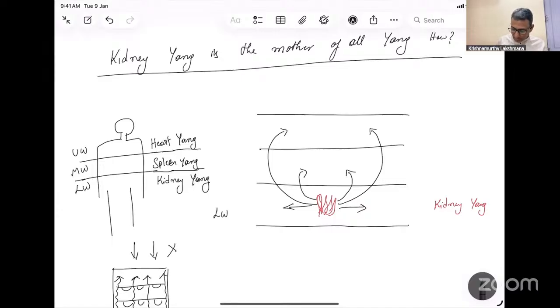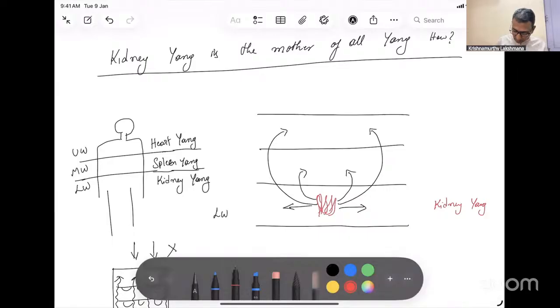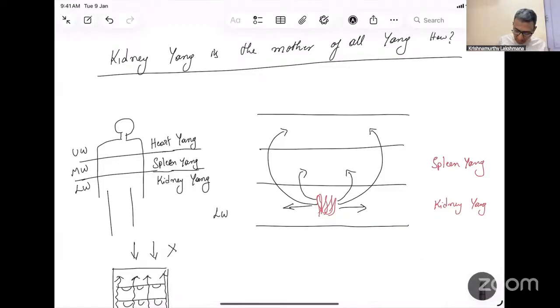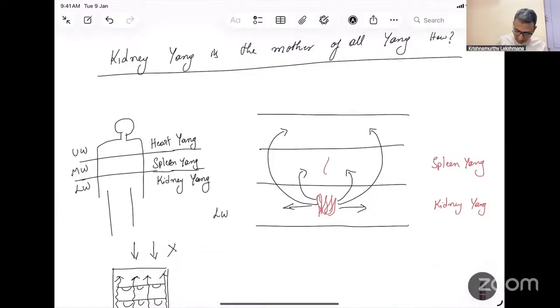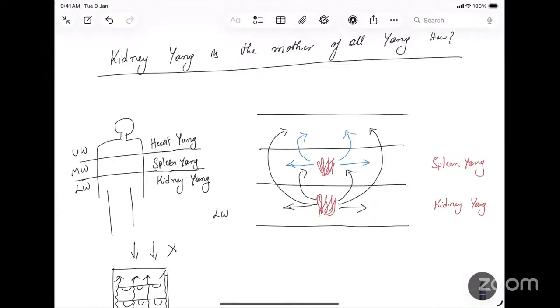The next one is spleen yang. So the spleen yang, this fire, will send the energy to its own warmer, the middle warmer, and also send the heat to the upper warmer.